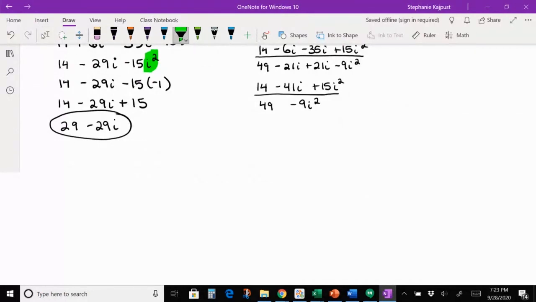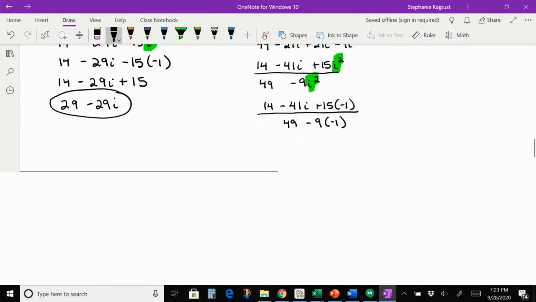Now everything with an i squared, both on the top and the bottom, I'm going to replace with negative 1. So I have 14 minus 41i plus 15 times negative 1, and then 49 minus 9 times negative 1. And then I multiply those negative 1s, so I'm basically just changing the sign.